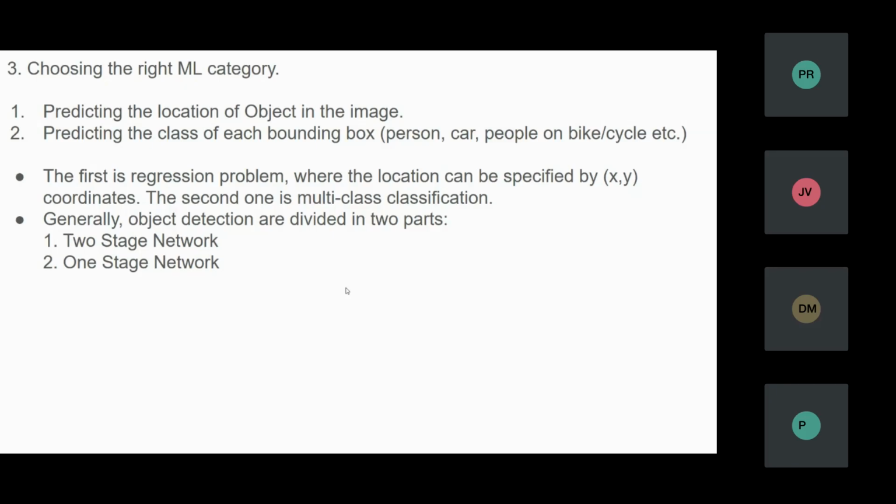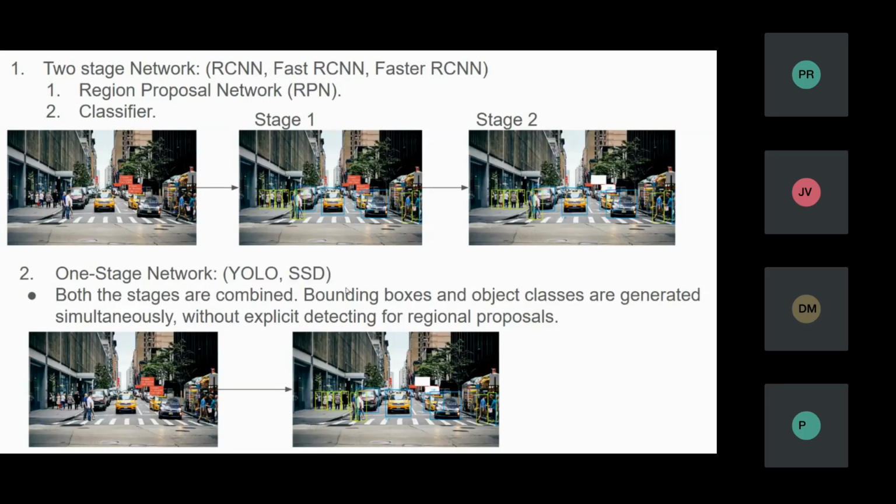Generally, object detections are divided into two parts: a two-stage network and a one-stage network. In the two-stage network, we have a region proposal network, which is RPN, and a classifier. As you can see in the image below, there is a plain simple image, and that image is used.